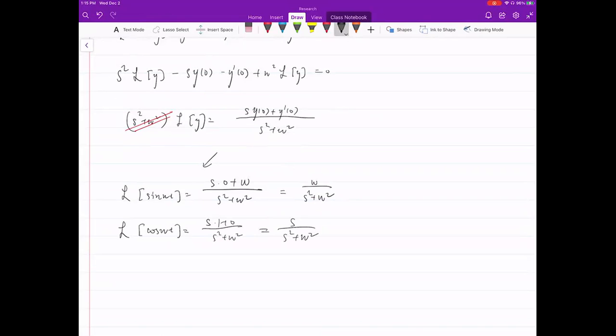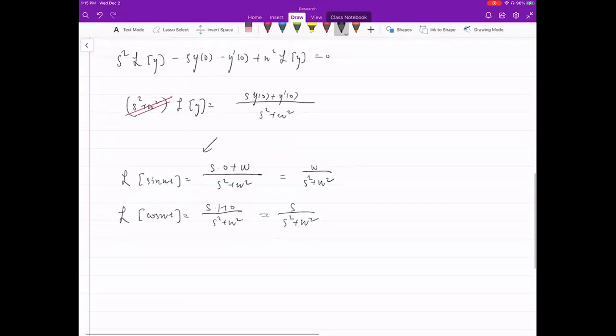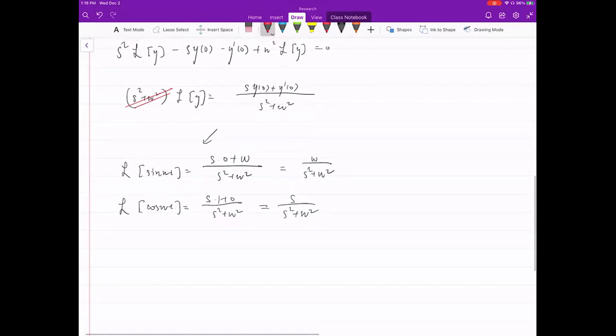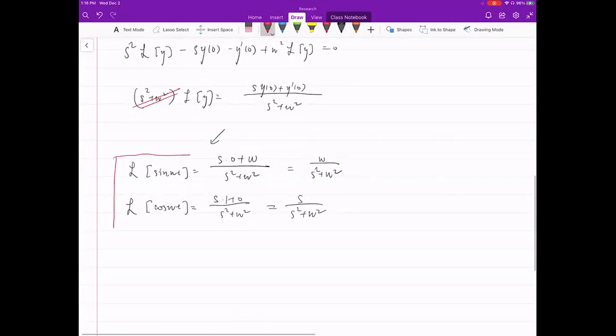We have the Laplace transform of sine and cosine. All right, that will be what we need.